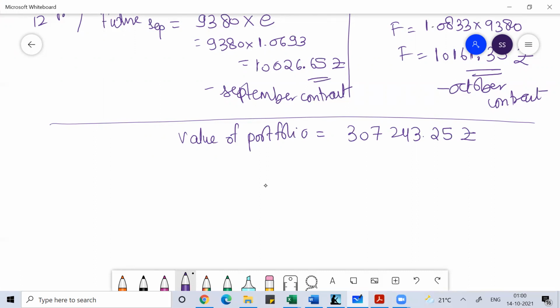This is the value of the portfolio. And you know the beta of the portfolio, which is equal to 0.92, right? This is the beta of the portfolio, and this is the value of the portfolio.